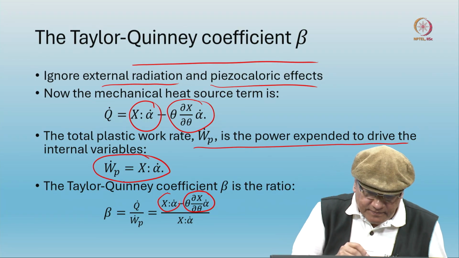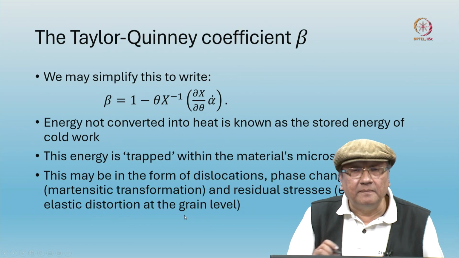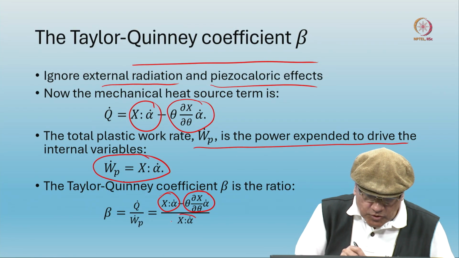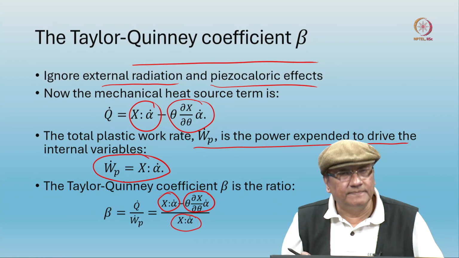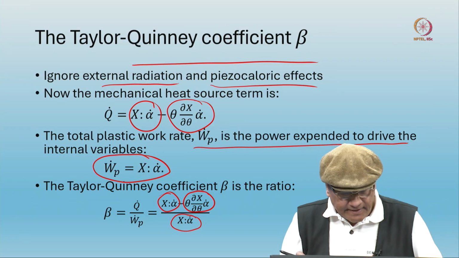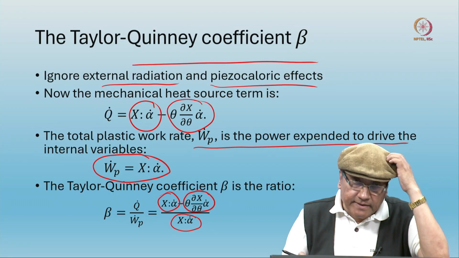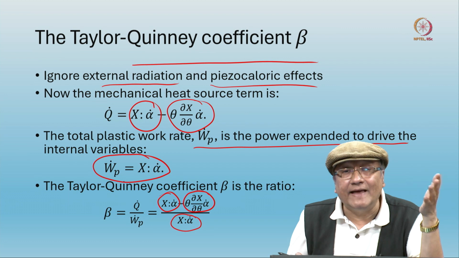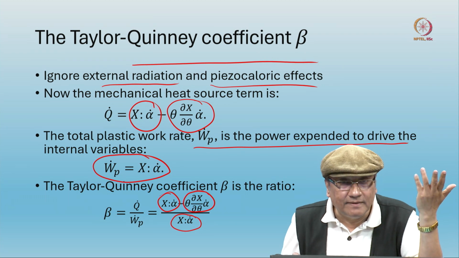Divided by the total, this must be this beta, so this is Q dot divided by Wp dot. This is the Taylor-Quinney coefficient. The question now is, what is its value? It cannot be more than 1, obviously.